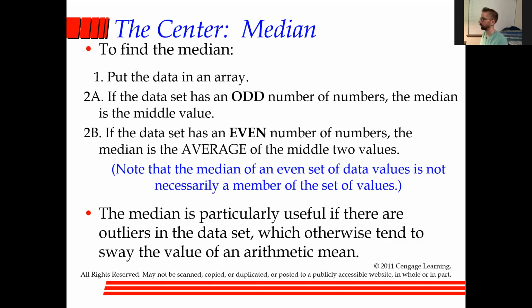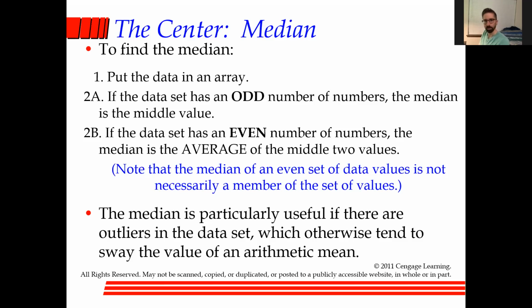And it's possible that that average of the 2 middle values is not a number in the data set. So the median can be something other than a value in your data set if it's an even number of numbers. Use that formula I just gave you.